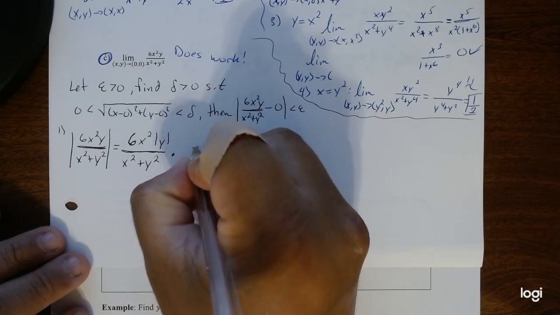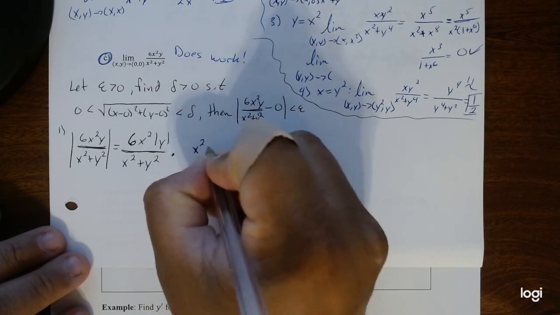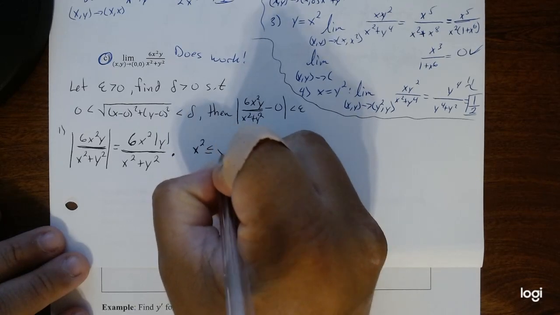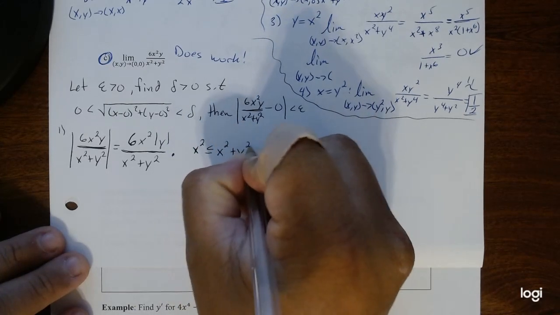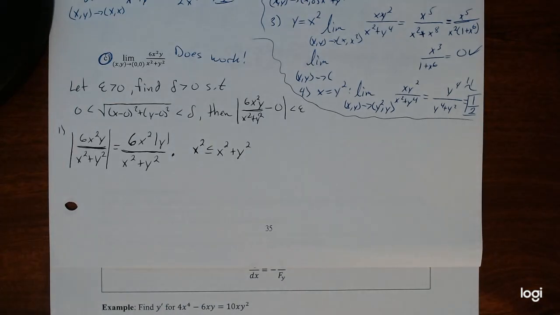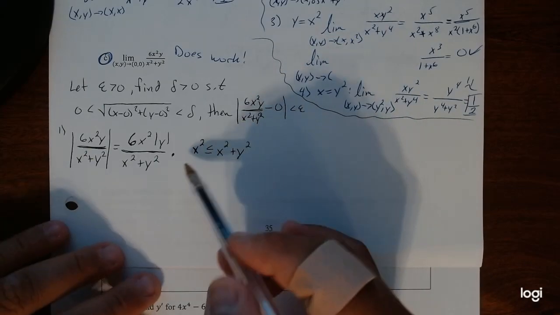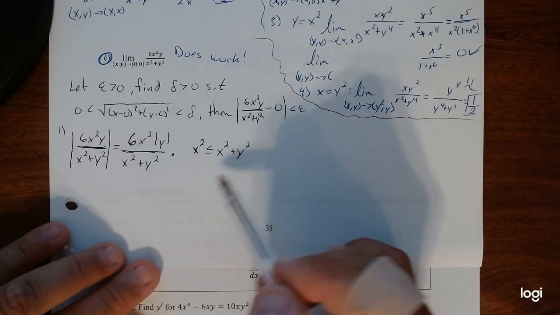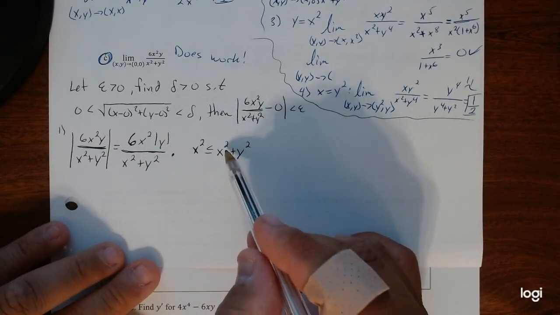So we got to start with some inequality. So let's start with this one. So we know x squared is less than or equal to x squared plus y squared, right, for sure. The only time it's equal is if y squared or y is 0. That's the only time. So we know for sure it is greater than or equal to itself. Okay. Now, somehow we have to make it look like this, right? So let's bring this over.